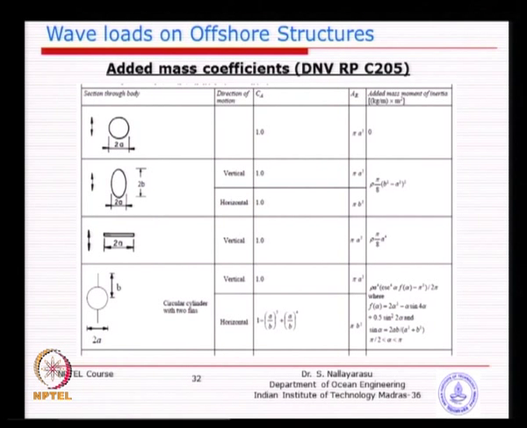So, I have just summarized from the DNV code a large number of shapes, you can just go through. You can see here the added mass coefficient basically is 1. That means, if you have one cylinder, the structure is moving in water, the additional mass moving with water is basically the same as the displaced volume of the cylinder itself.